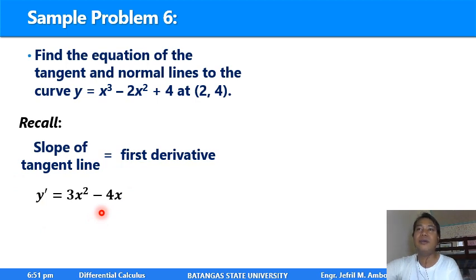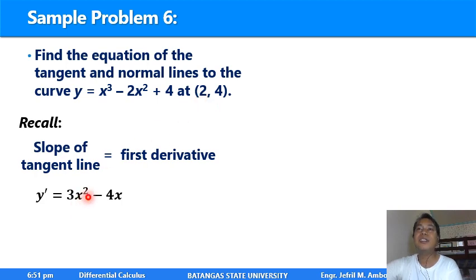Ano bang condition dito? Ito yun, no? Ang condition, ito yung point dun sa curve na pinag-uusapan natin. No? So, since dito ay may x, kinakailangan, i-substitute natin ang value ng x dun sa point na given sa problem. No? Kung saan ang value ng x ay 2.